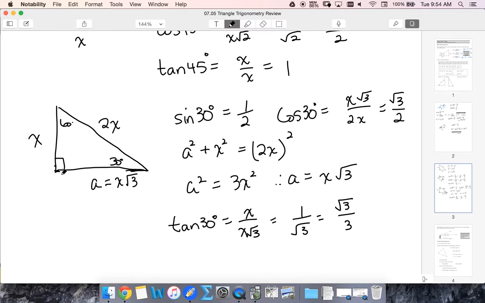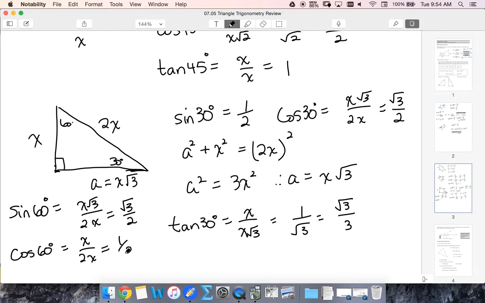Let's look at the 60-degree relationships. Sine of 60, opposite over hypotenuse, that's going to be x root 3 over 2x. So it's always going to be root 3 over 2. Cosine of 60, adjacent over hypotenuse, it's always going to be 1/2.